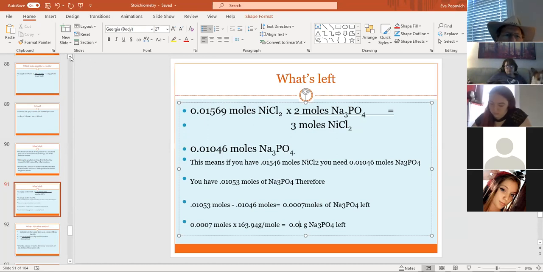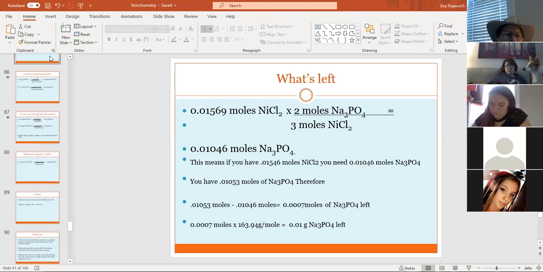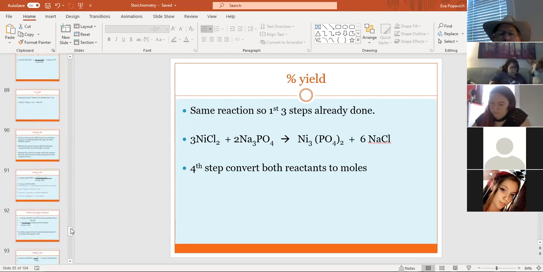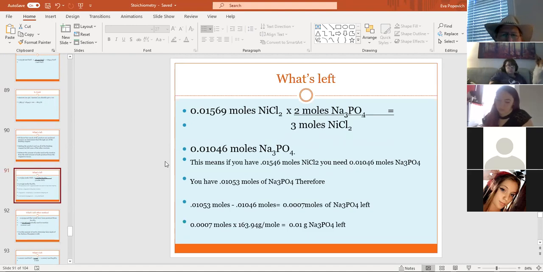By using the molar ratio between my nickel chloride and my sodium phosphate, that molar ratio being 2 to 3, I was able to determine how much of the sodium phosphate was used up in the reaction with the limiting reagent.